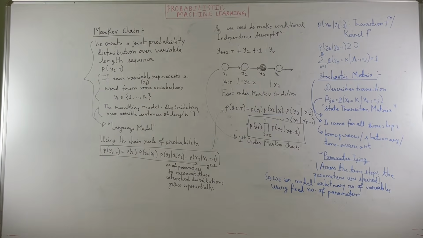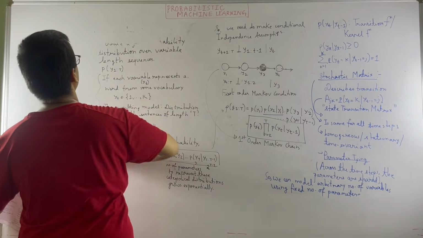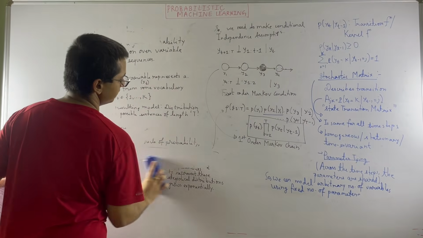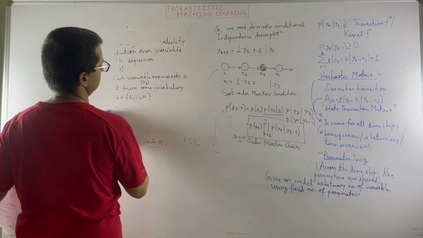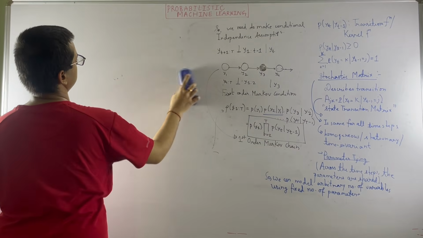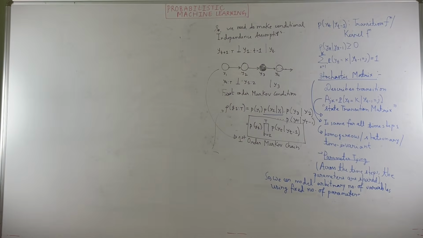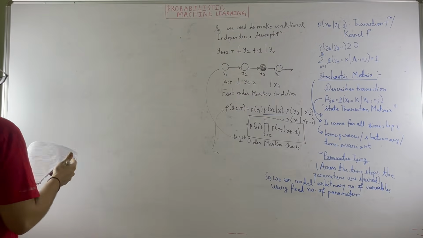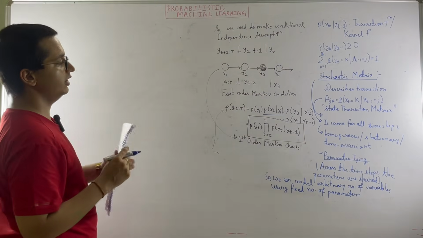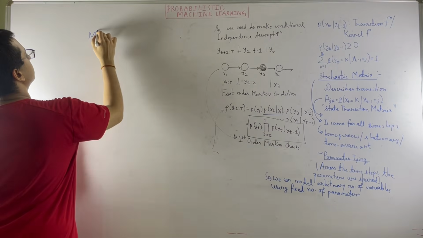Now let me erase this part. The first order Markov model was this one. So what will be the mth order Markov model?